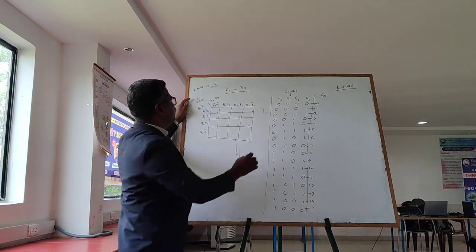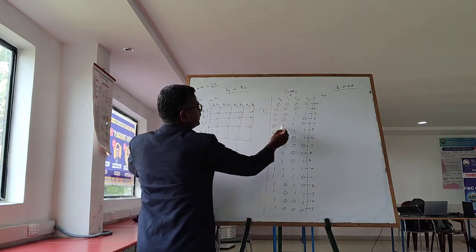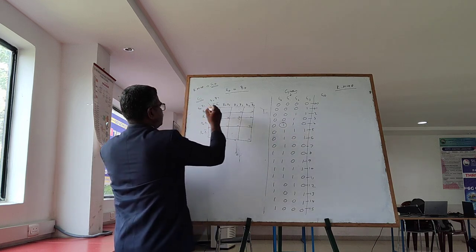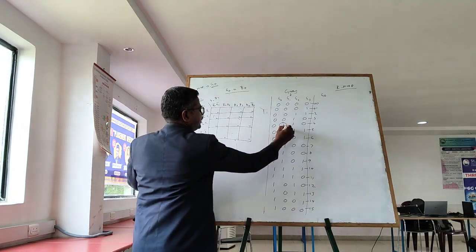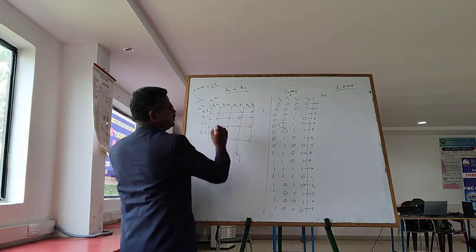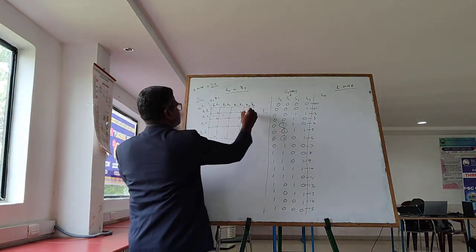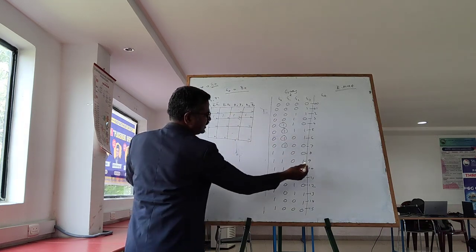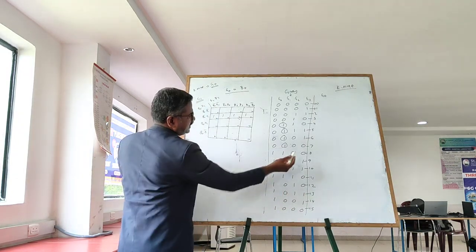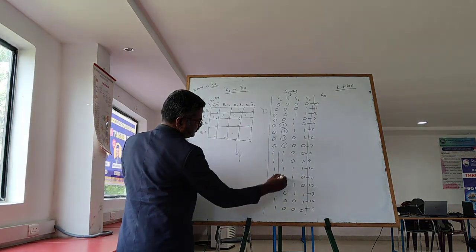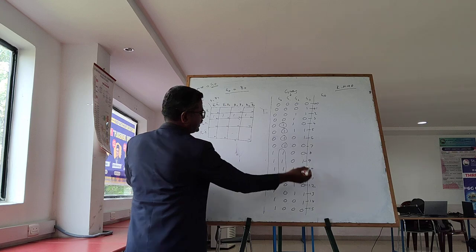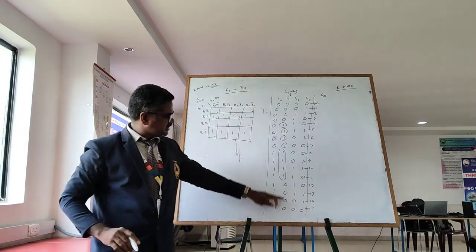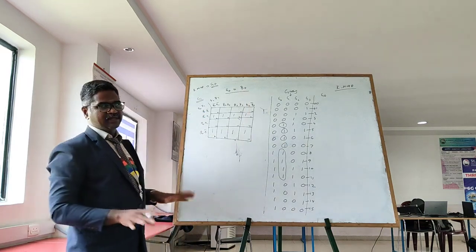In G1, where 1 is present: for 4, 1 is present, right? So I have to mark 1 in the 4th box. Then 5, 1 is present. Then 6, 1 is present. Then 7, 1 is present. Then 8, 9, 10, 11: here all 1s are present. The rest of them are 0, so we don't need to mark anything.